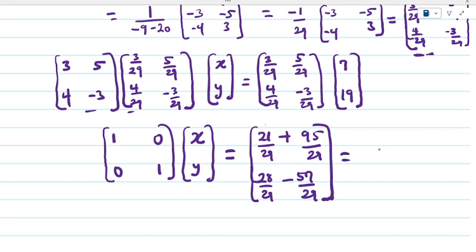So if we find the addition of this, 21 plus 95 is 116 over 29. Then if we subtract this, we have 28 minus 57, that is minus 29 over 29.